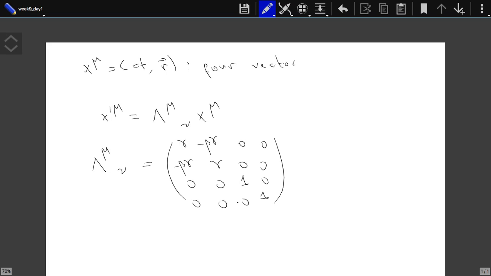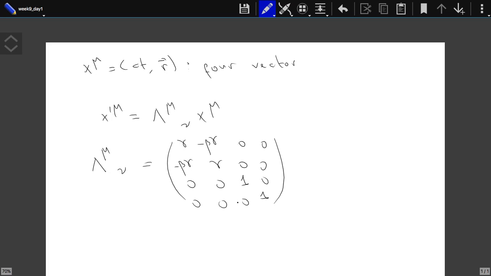And we will call any 4 quantities that transform in this way a 4-vector. Just like in the case of ordinary vectors, we know how the position vector changes under rotations if you rotate your coordinate axes, and any 3 numbers that change in exactly the same way as the position vector, we call vectors.